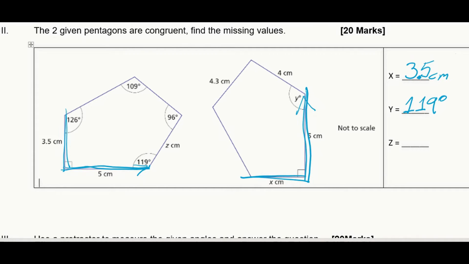Z, I don't have to do any calculation. I only have to compare my two pentagons, my two shapes. That's it. And what about Z? Well, Z goes like this. It is the next line segment there, if I am moving this way.